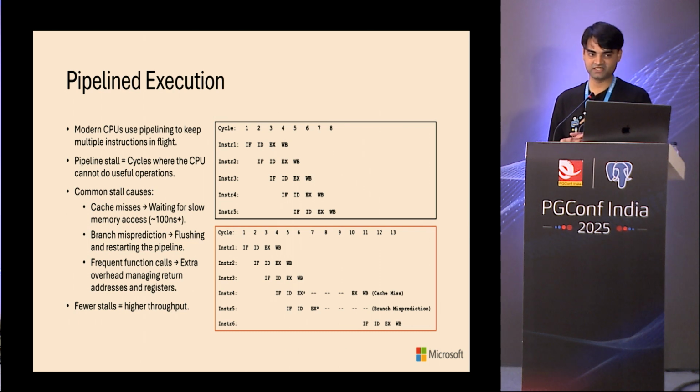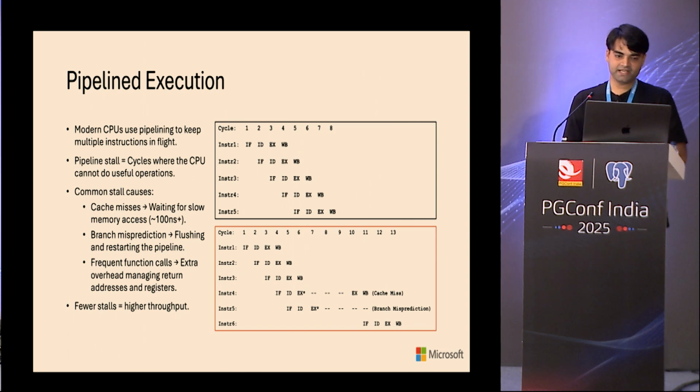The next aspect is pipeline execution. CPUs are able to work on multiple instructions at the same time, and they are able to do that because CPUs have different execution units. So different units can work on different instructions in parallel. That's called pipeline execution. And when things are working fine, you can run more instructions per cycle.